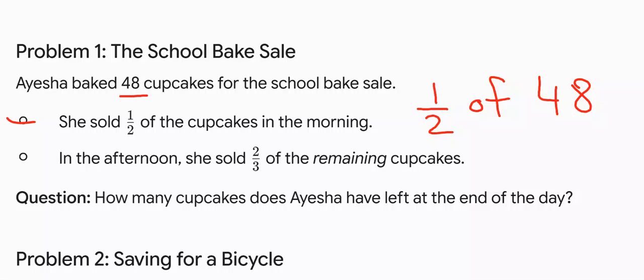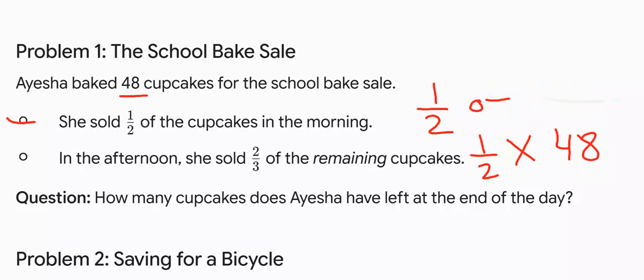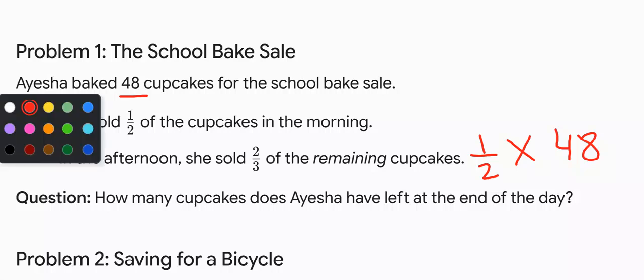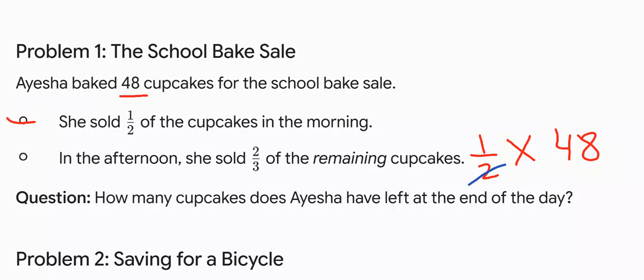48. "Half of" is always changed into multiplication. Half multiplied by 48. When there is a multiplication sign in between, we can do cancellation. So 2 can cancel this 48.